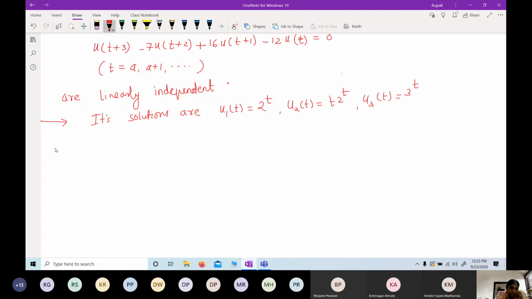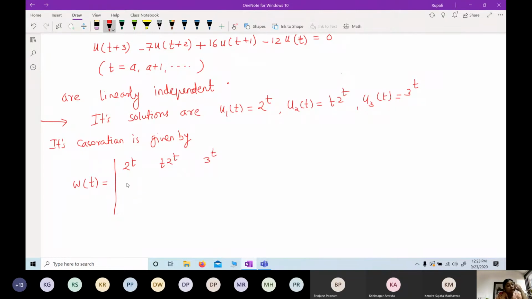So first find the Casoratian. Its Casoratian is given by W(t), the determinant of 2 raised to t, t times 2 raised to t, and 3 raised to t.